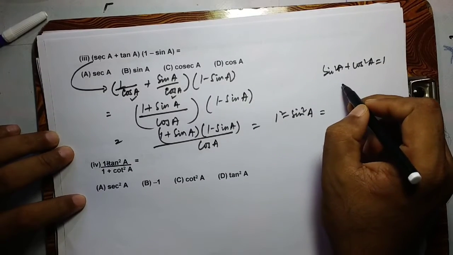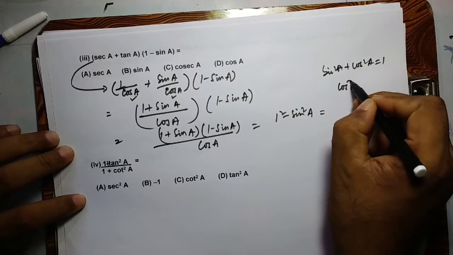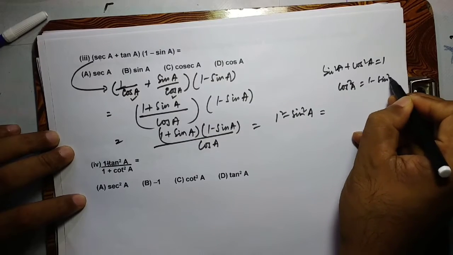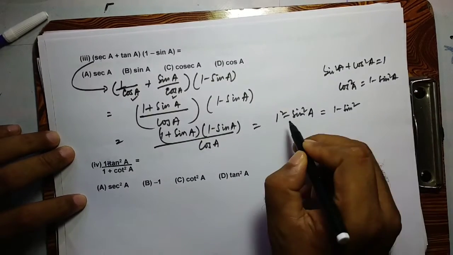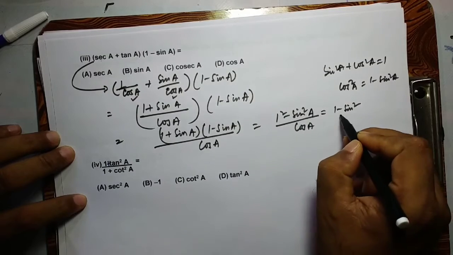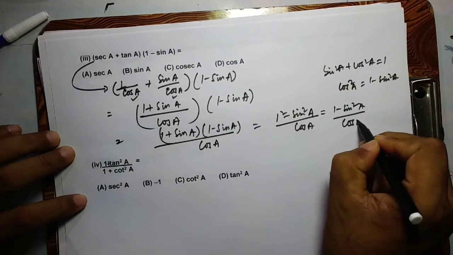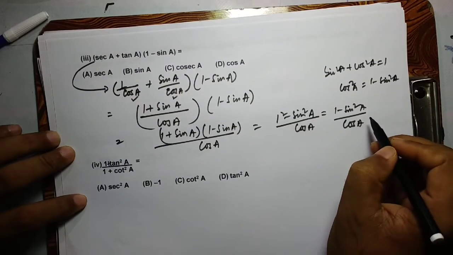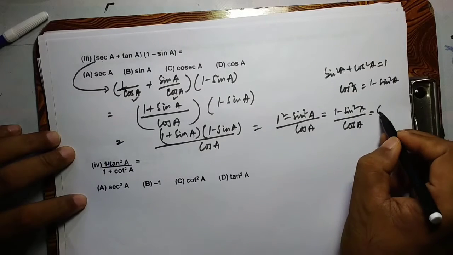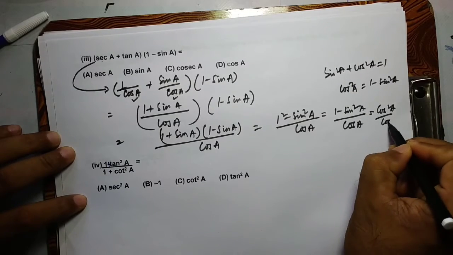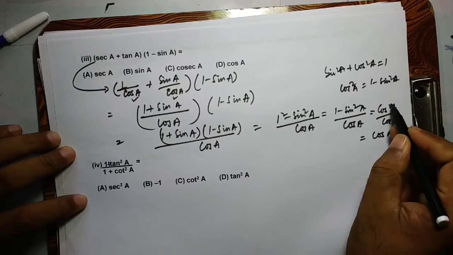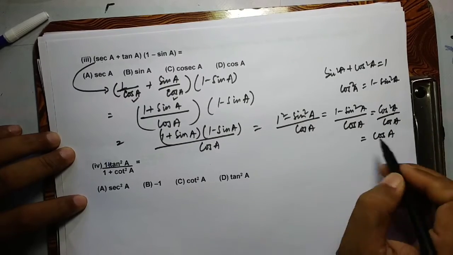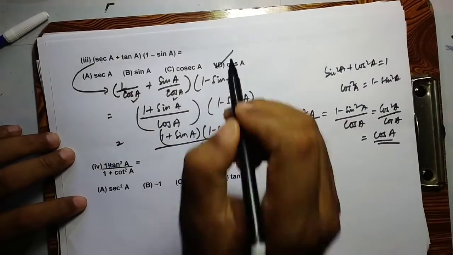So cos square a equal to 1 minus sin square a. So 1 square is 1, so 1 minus sin square a over cos a over here. So cos square a over cos a. So this is cos a. The answer will be cos a.